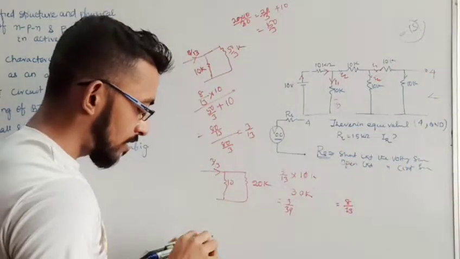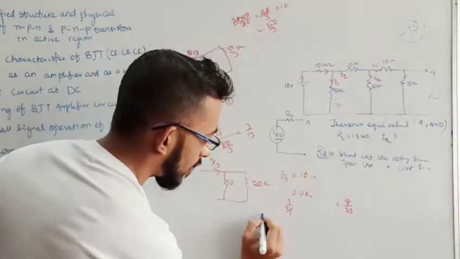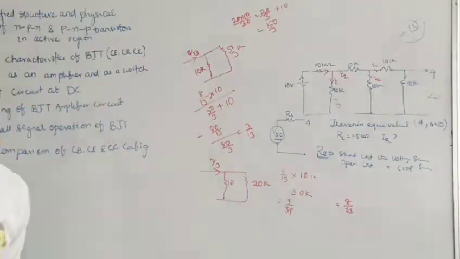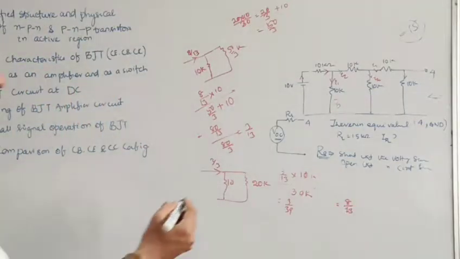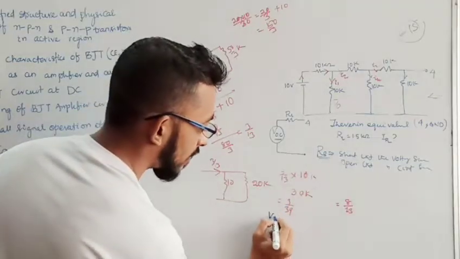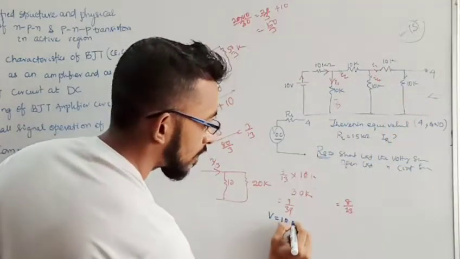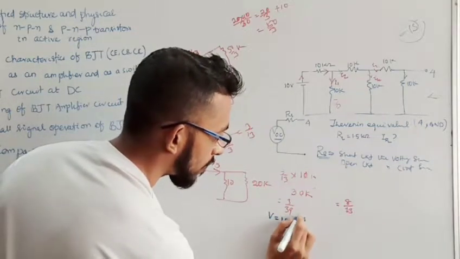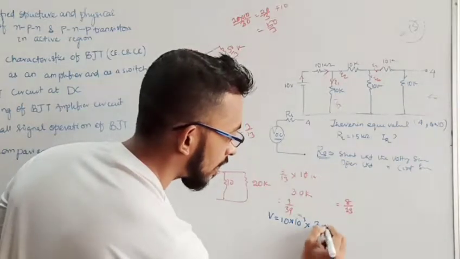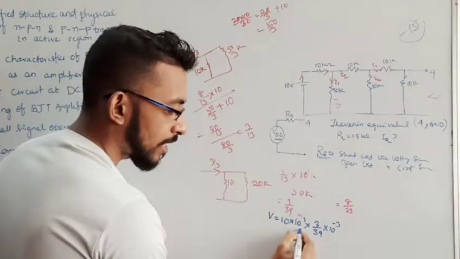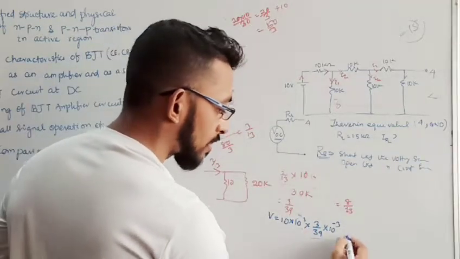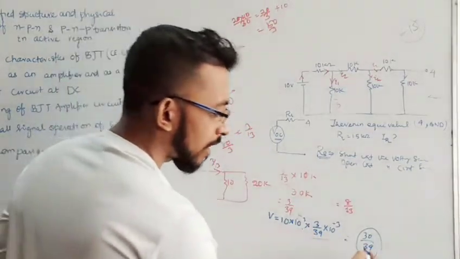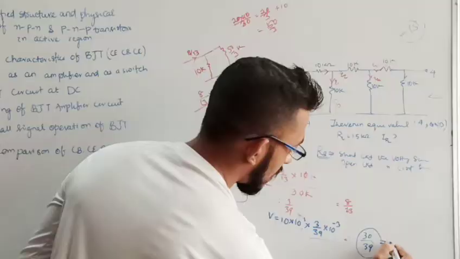The voltage across this 10 kilo ohm is resistance value 10 kilo ohm, 10 power 3, multiplied by 3 by 39 milliampere, 10 power minus 3. This is my resistance, this is my current. So that will give me voltage as 30 upon 39.